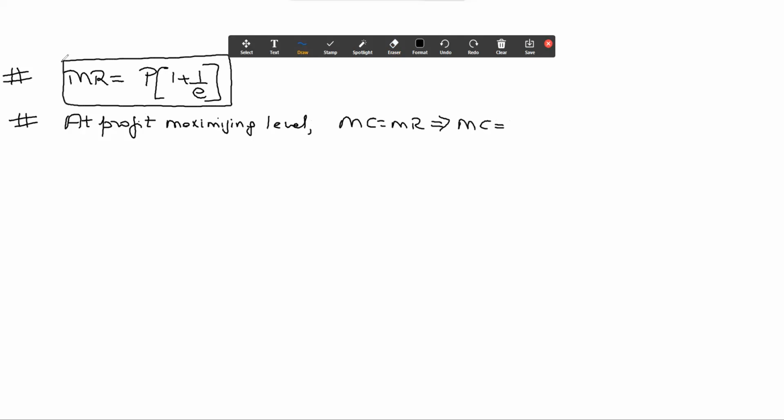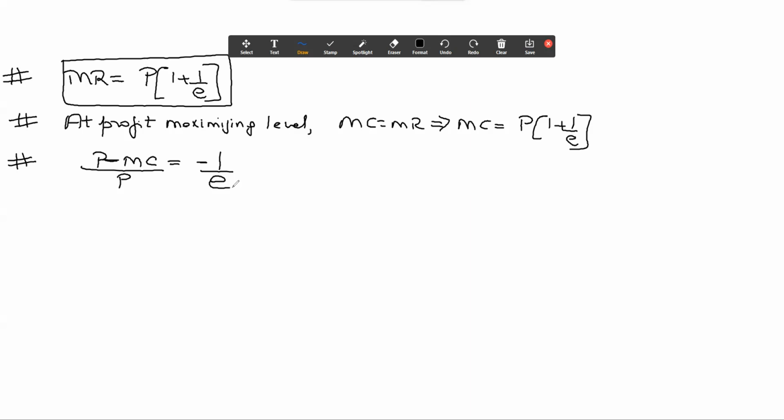This whole term. And the third equation which we have derived is that (P - MC)/P is equal to -1/E.